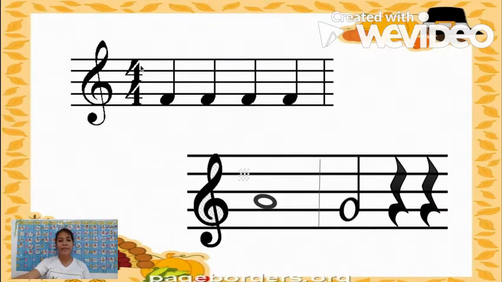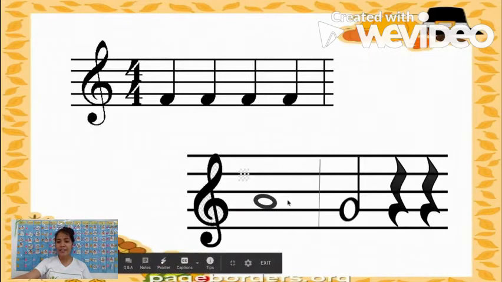Example, this is quarter note, quarter note, quarter note, quarter note. Since a quarter note receives 1 beat, for the quarter notes, all in all, there are 4 beats, because 1 plus 1 plus 1 plus 1 equals 4. Got it?